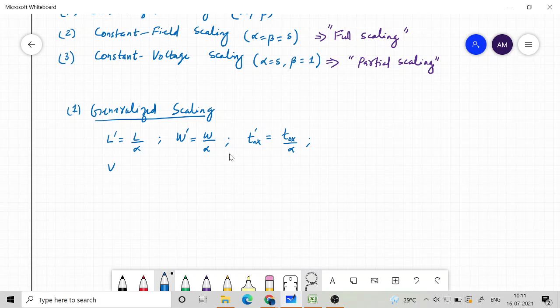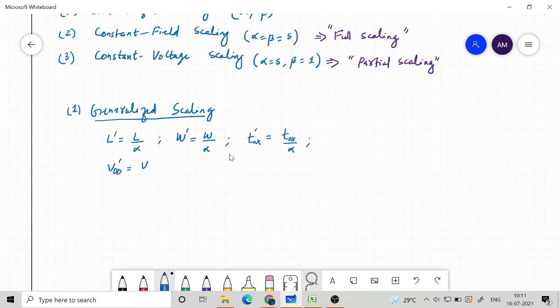VDD dash. Earlier it used to be 5 volt, and then it scaled down to 3.3, then later it became 1.1, and now it is something like 0.8, 0.7, like that.